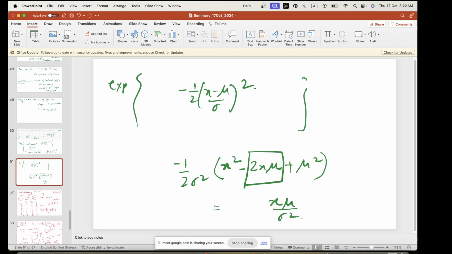So if we have something like this, this entire term will become x mu by sigma square. Now sigma square is some constant, ax equal to x and b of theta is equal to mu. So this is in its canonical form, and we are trying to get mu. So mu by sigma square or just mu? Mathematically mu by sigma square, but sigma is not of interest to us.